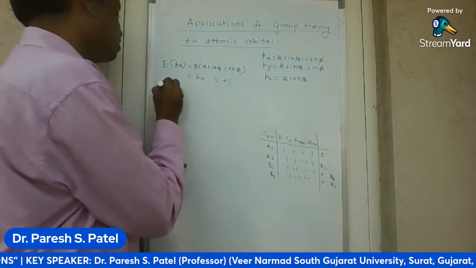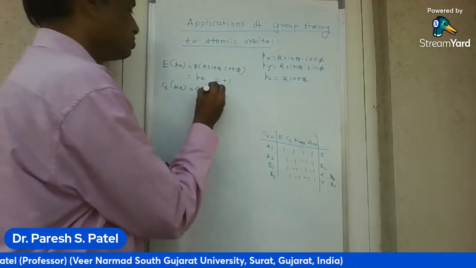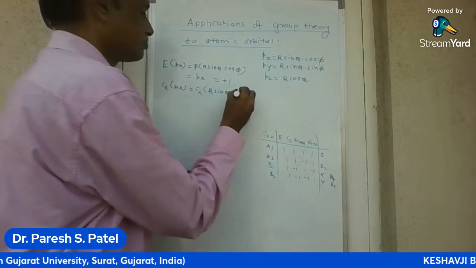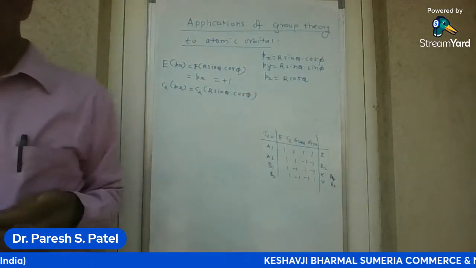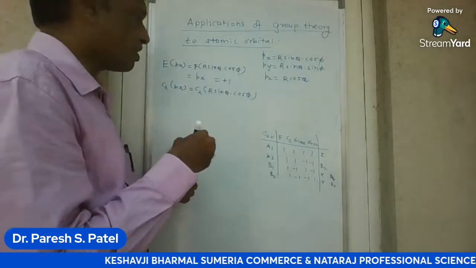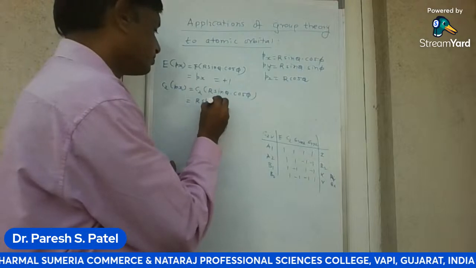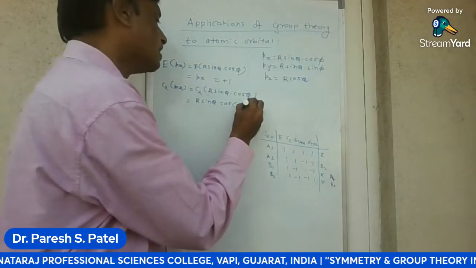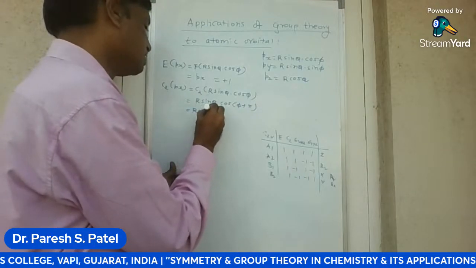Next one is C2 into Px, that is C2 on R sine theta cos phi. Now, here theta remains unchanged. Phi changes to phi plus pi, which gives R sine theta cos of phi plus pi.